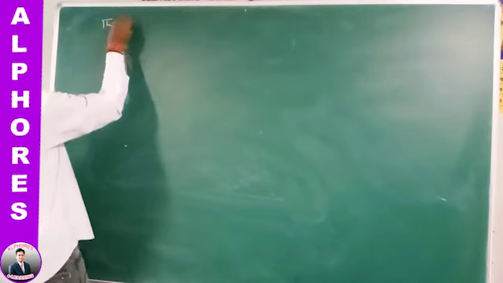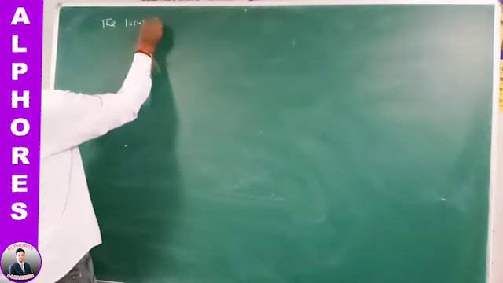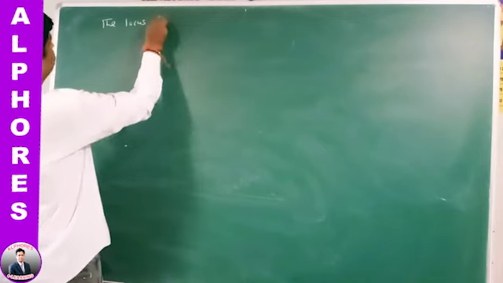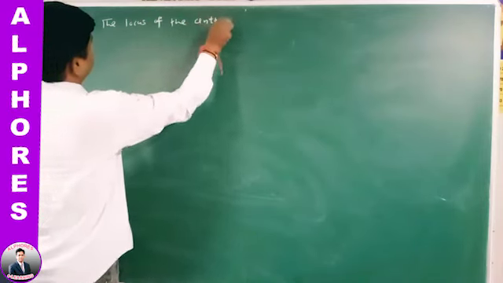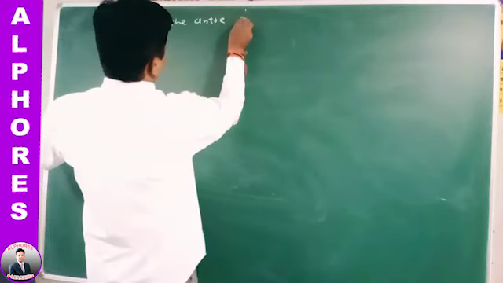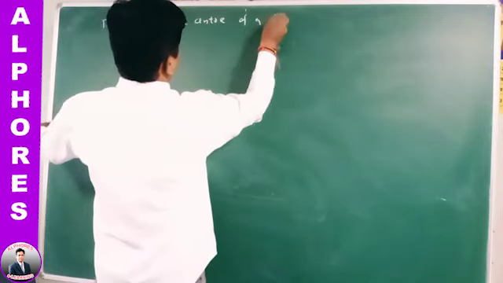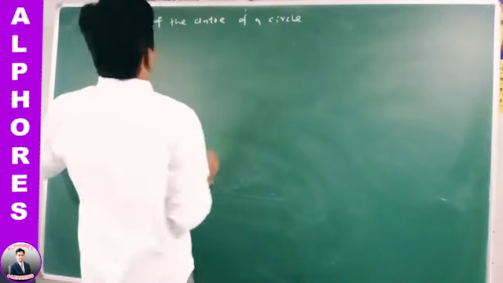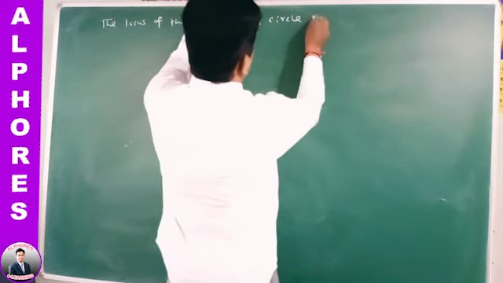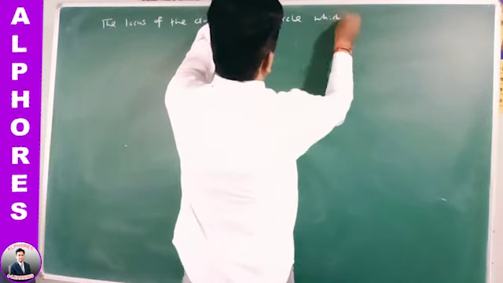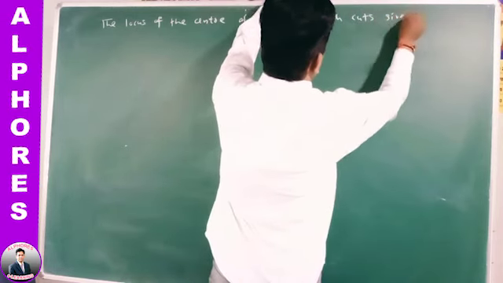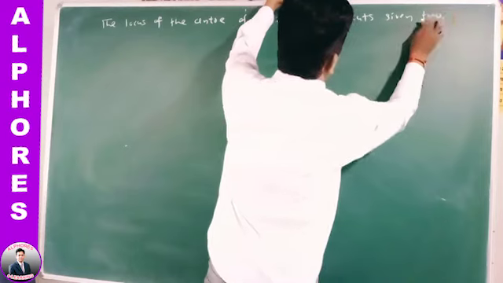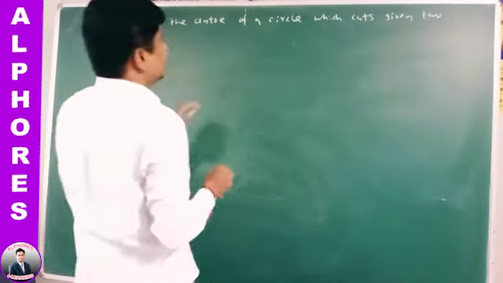Another point: the locus of the center of a circle which cuts two given circles orthogonally is the radical axis of the given circles. These 2 are the given circles.